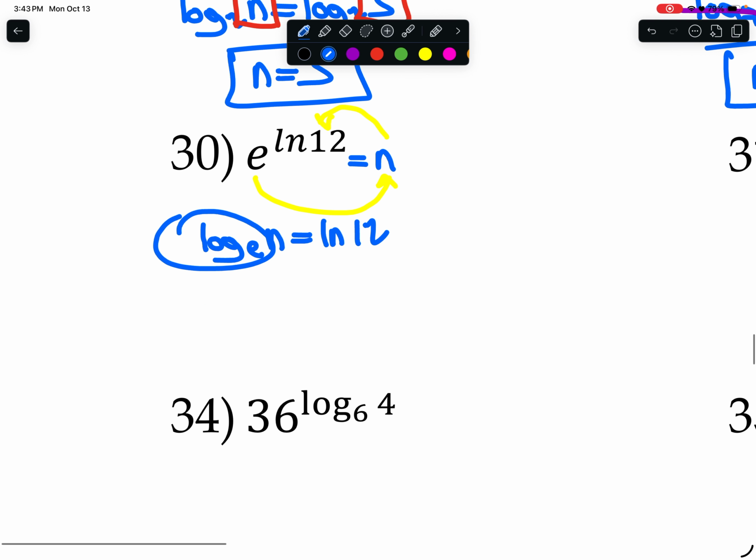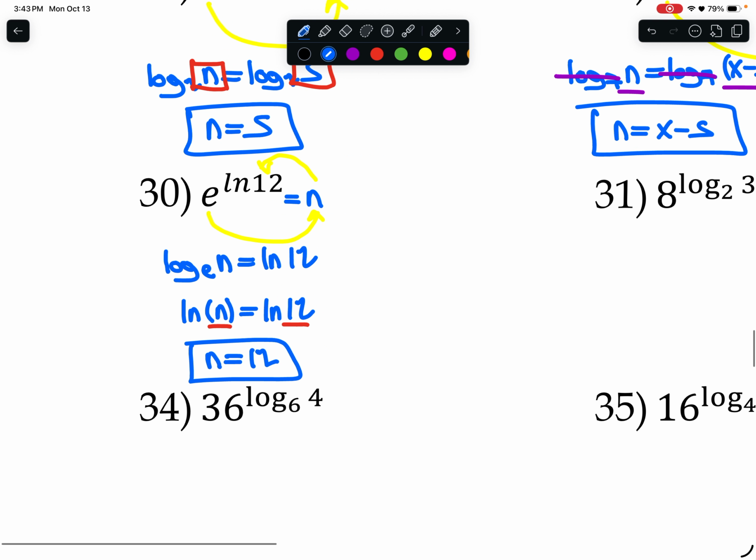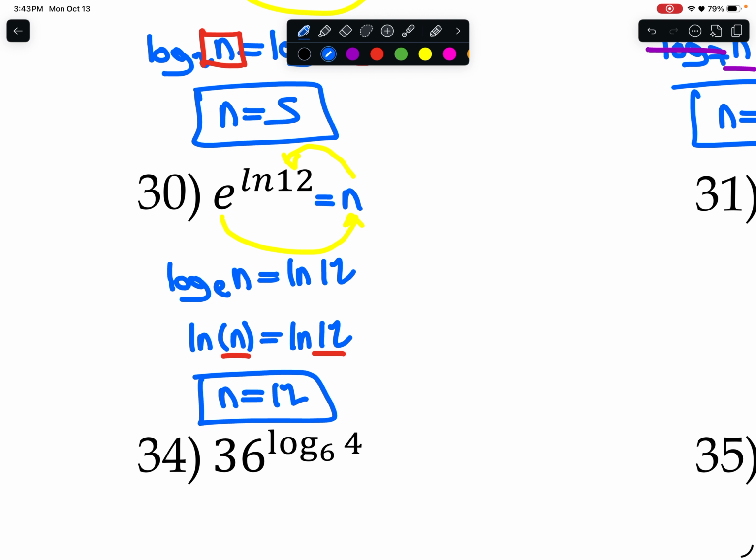Well, a log with a base of e is a natural log. So I'm going to rewrite this as ln of n equals natural log of 12. And now that we have a logarithm with the same base, I'm setting the arguments equal. So this is the same as just writing 12. So we got rid of the e in the natural log. It's the same as just writing 12.